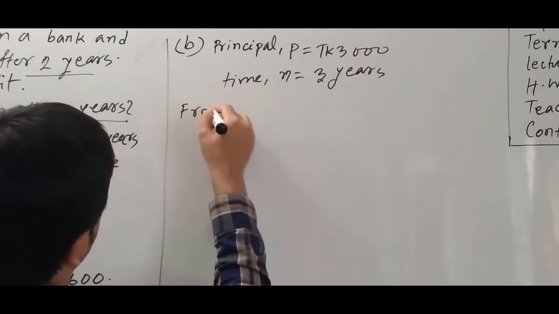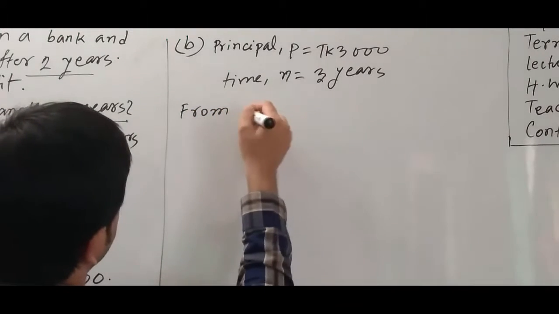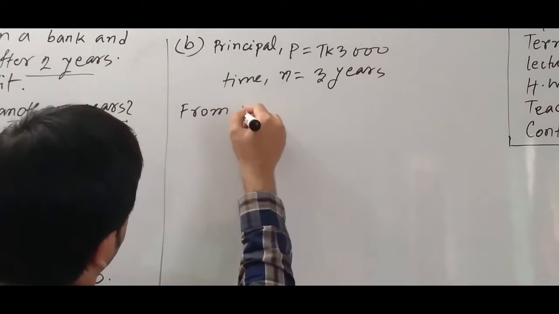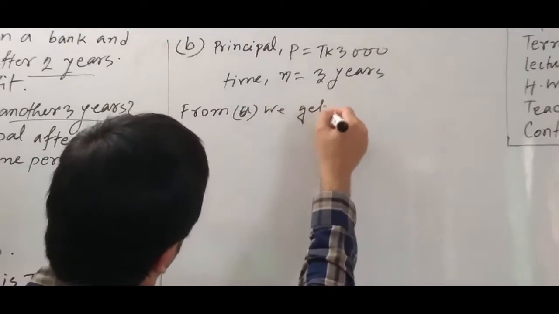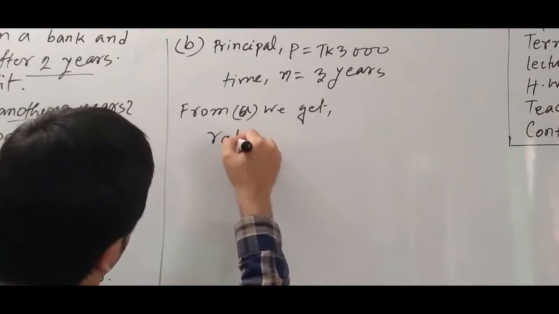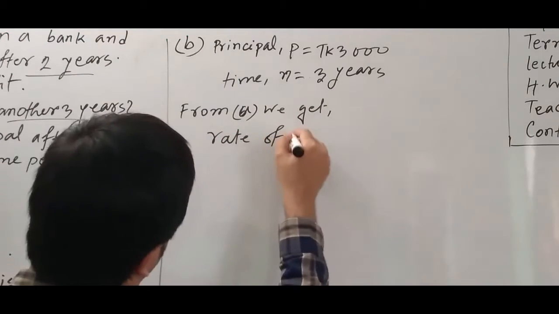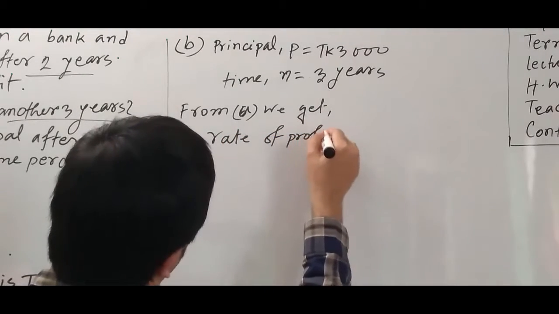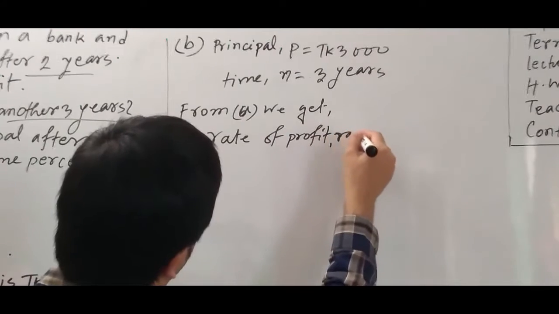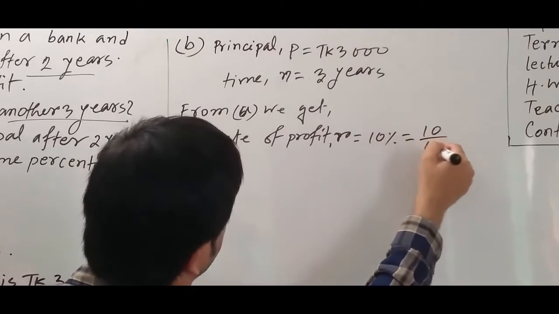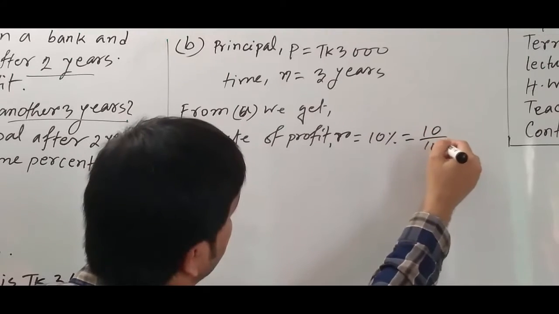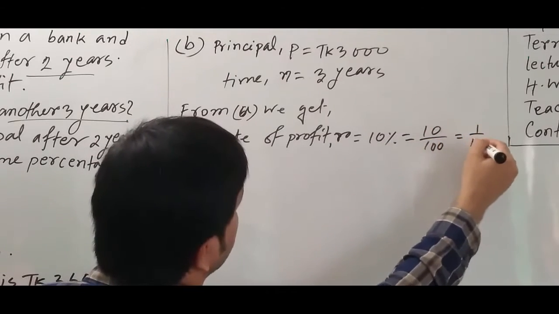From A we get rate of profit R equal to 10%, means 10 by 100. It means 1 by 10.